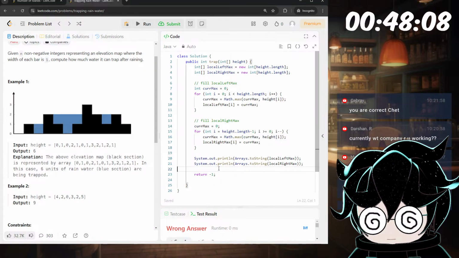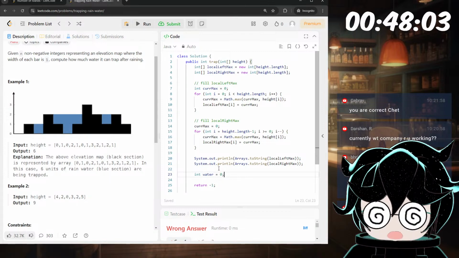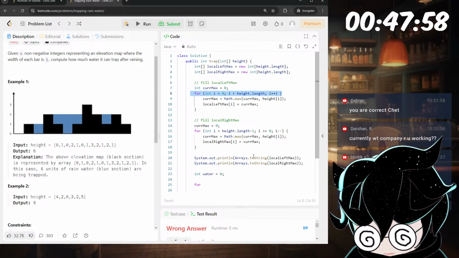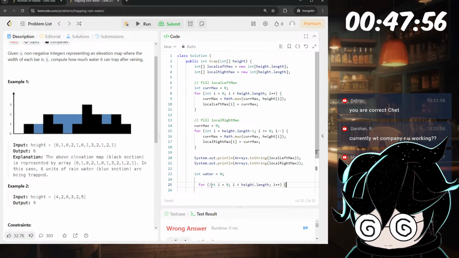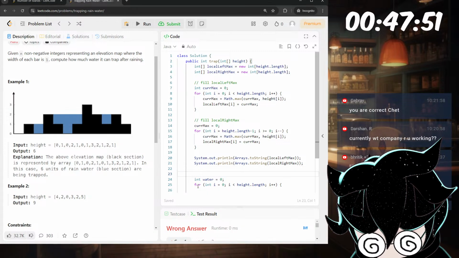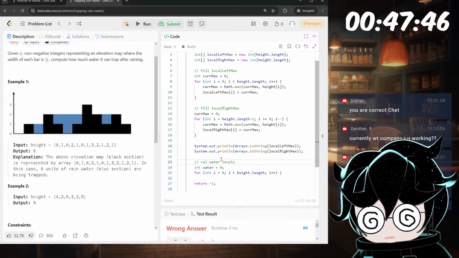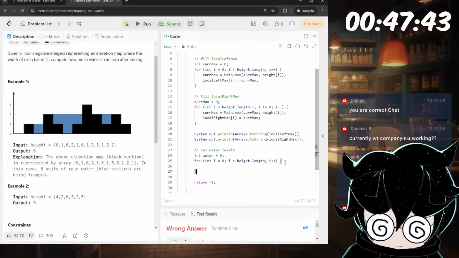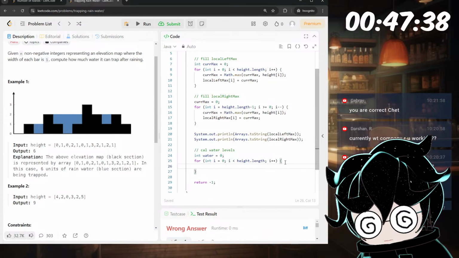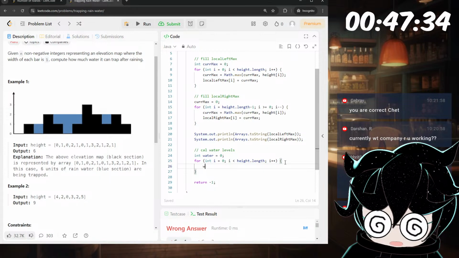So now it's time to compute all the water levels. Int water is equal to 0. Copy this for loop again. Okay, calculate water levels. For each position, let's store this in a separate variable.